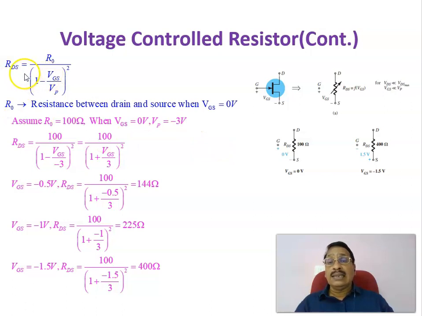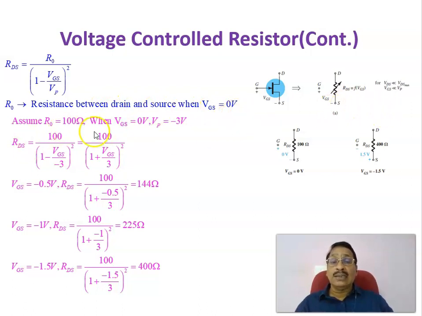Now, the relation for drain to source resistance: RDS equals R0 divided by (1 minus VGS divided by VP) whole squared, in which R0 is the resistance between drain and source when VGS equals 0 volt.